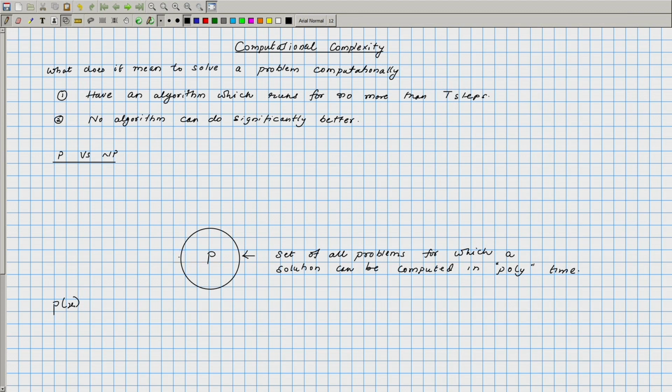And NP is a superset of this, and this consists of all problems for which a solution can be checked, or verified, in polynomial time.